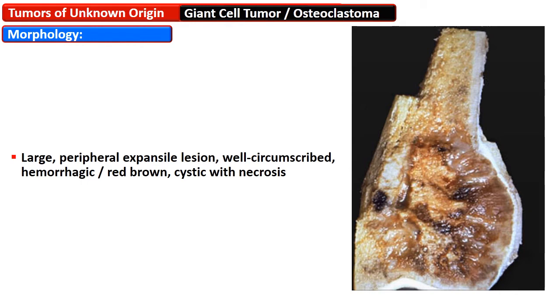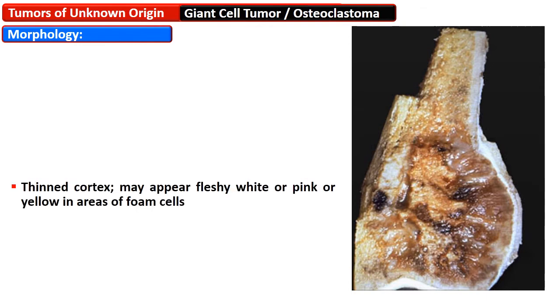The lesion of this osteoclastoma or giant cell tumor is large, peripheral, expansile, well circumscribed. There are areas of hemorrhage with red-brown appearance, and there is formation of cysts with necrosis. The cortex is thinned out and may appear fleshy white or pink or yellow in areas of foam cells.